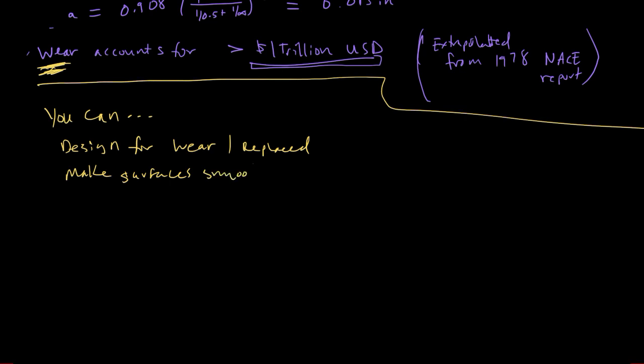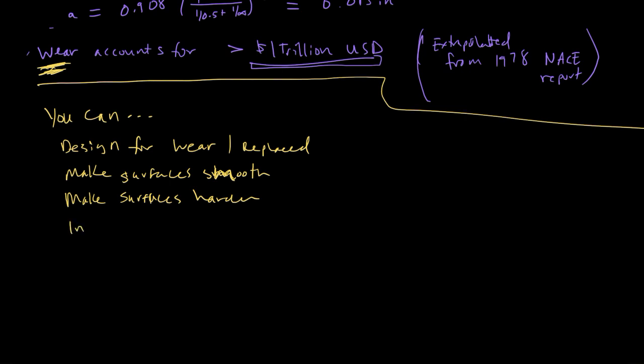So you can pick a different process for the manufacturing, or you can post-process it. Obviously, there's an optimization in cost, but smoother surfaces have less wear. You can make surfaces harder. Harder surfaces have less wear.